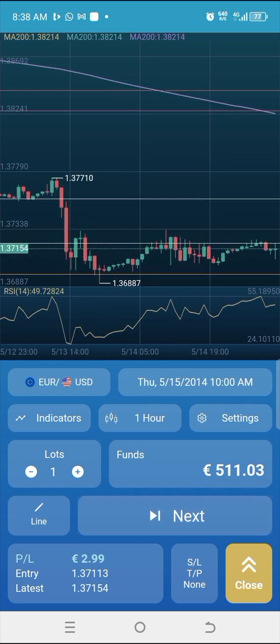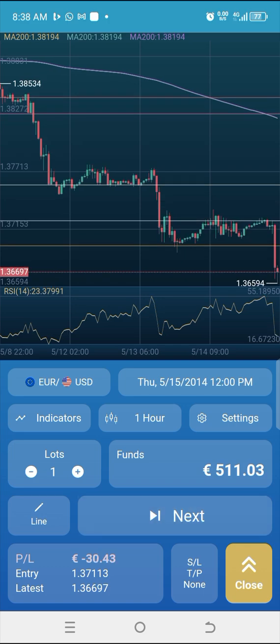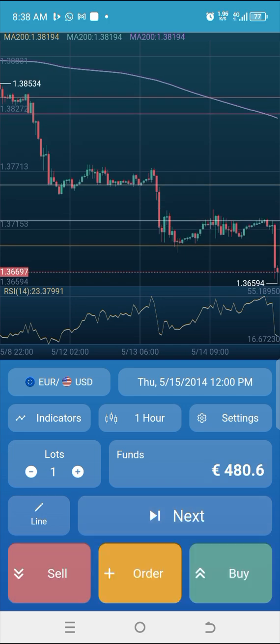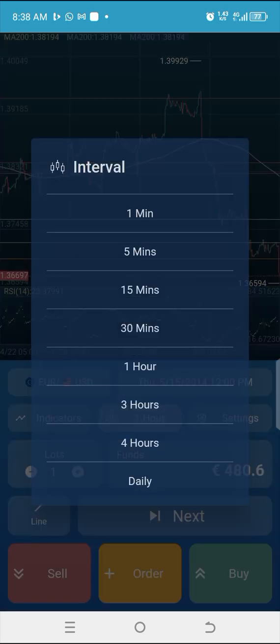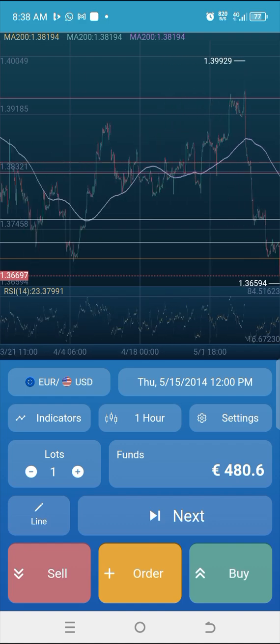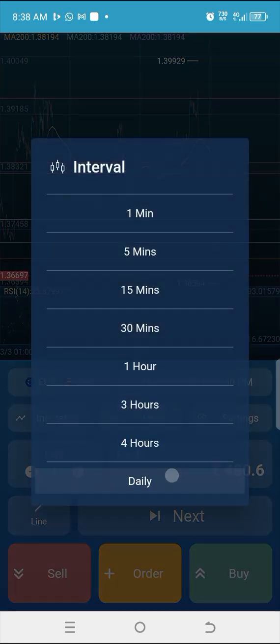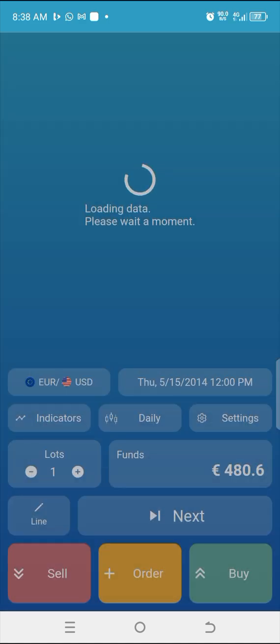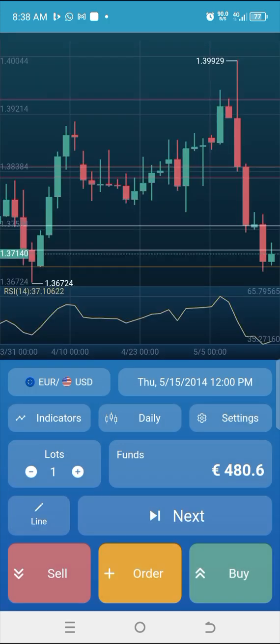One, two, yep, negative 30, so 480 now. Yeah, so sometimes things happen, and now I'm out. I'm looking for another area to trade. Let's go.